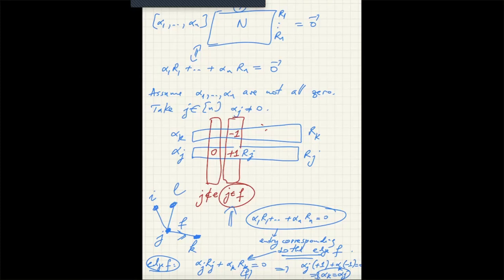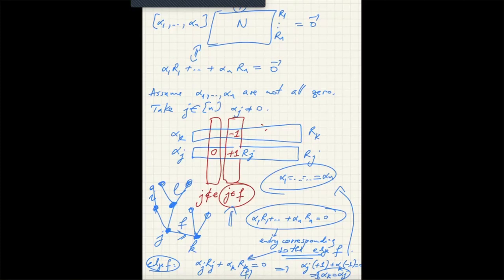And then you can repeat the procedure starting at these vertices. The entry of alpha is the same on the vertex K as it is on its neighbors, and so on. So if you repeat that procedure, it tells you that the entries of alpha are all going to be equal to each other. And it means that the only linear combination of rows that gives you 0 is the one that we discussed before, where you add them up.